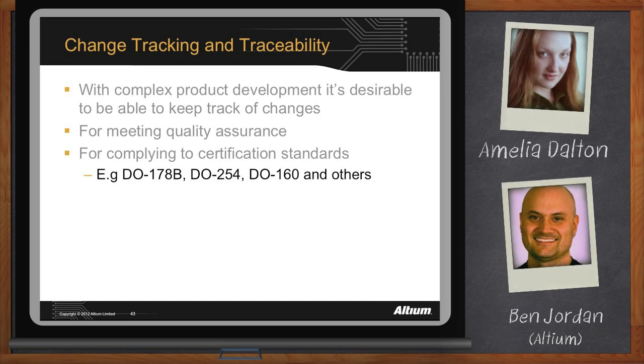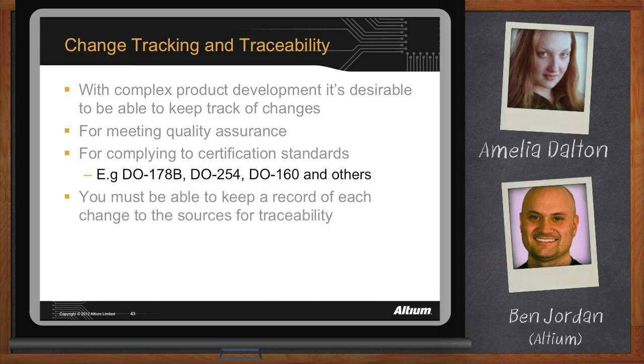You need to also know who made the changes, and they need to be able to leave a comment as to why they made those changes, so that all the history of the design process is captured, and you can make sure that against the specification of the product or the requirements matrix, you've addressed every need and you haven't put anything in the design that shouldn't be there, and you haven't left anything out of the design that should. I see.